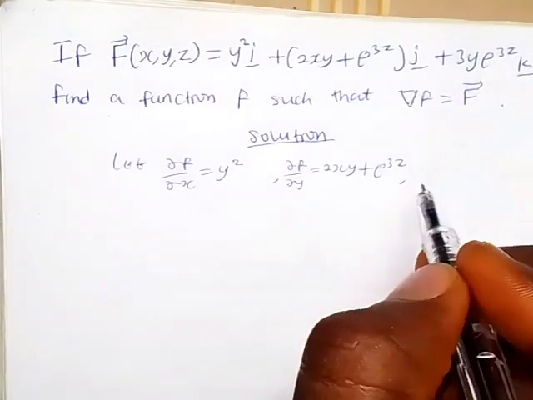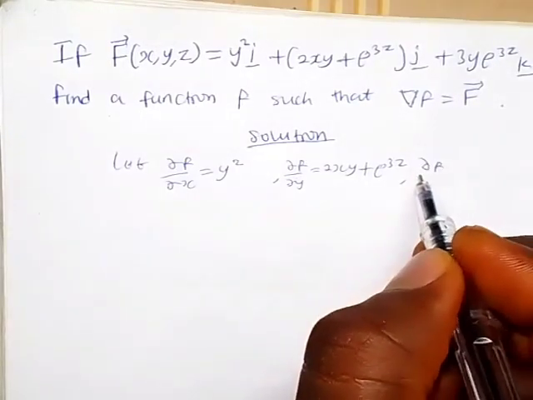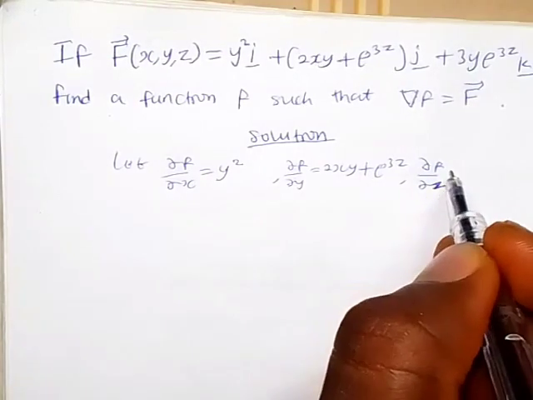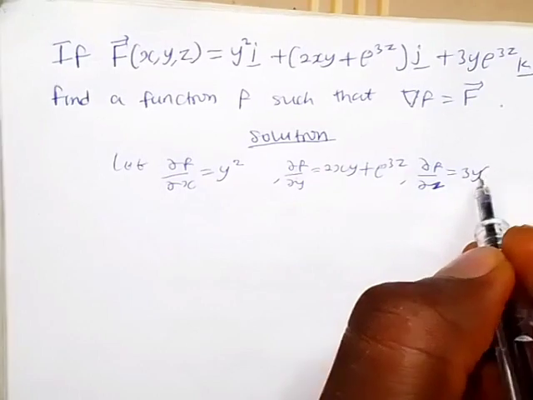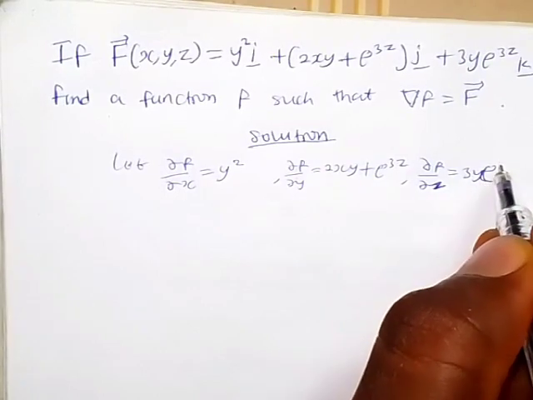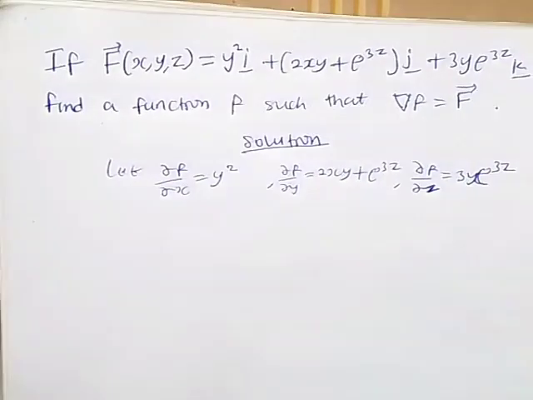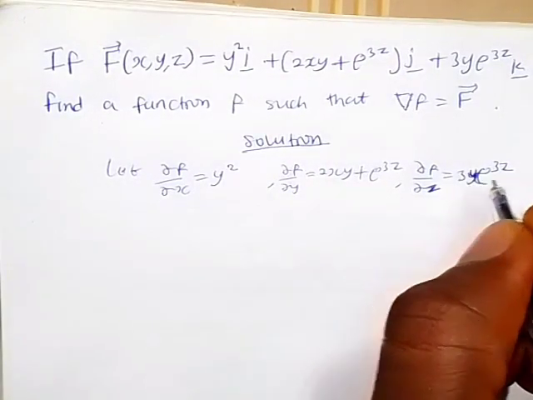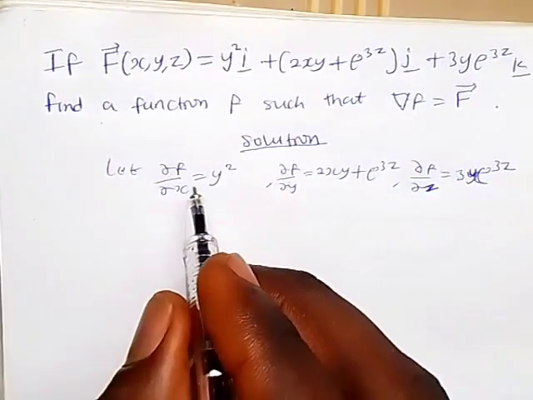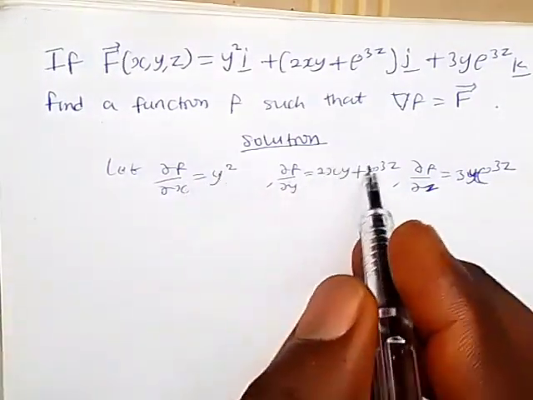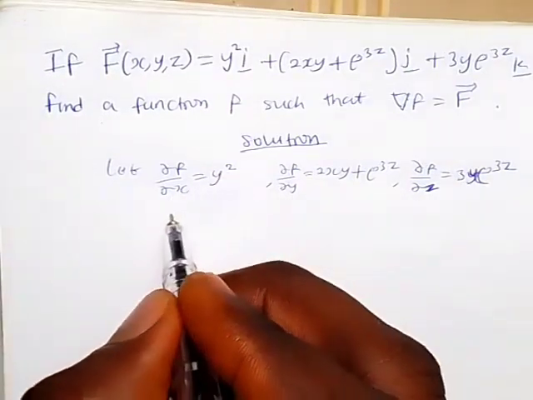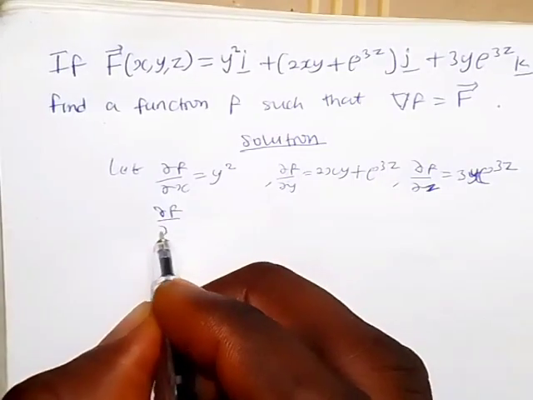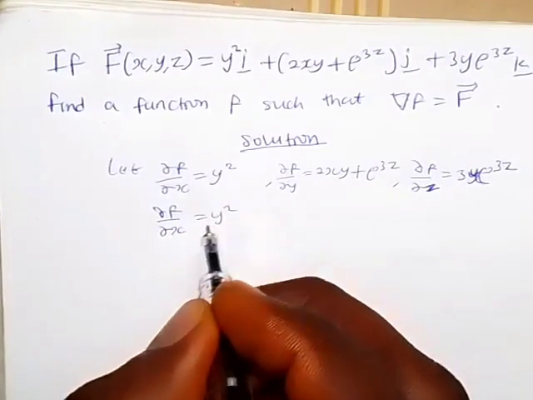The third component, we have partial f partial z to be equal to 3y exponential 3z. So we can consider any component, but let's consider this first. So consider this. We have partial f partial x equals y squared.